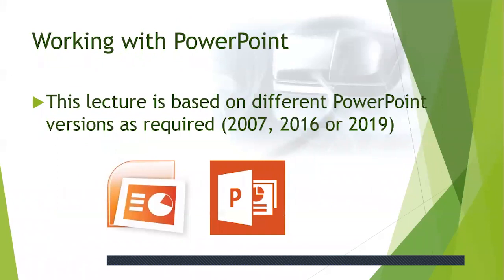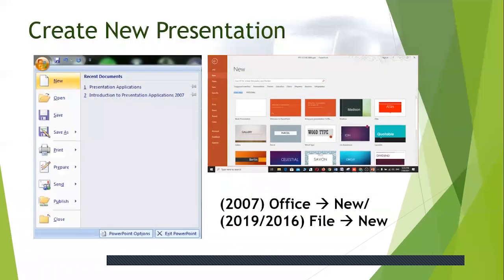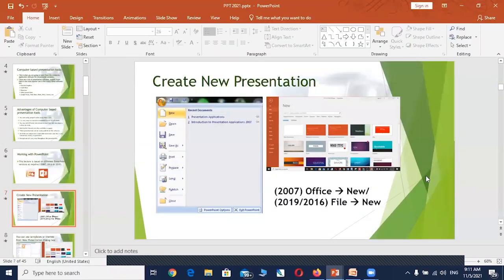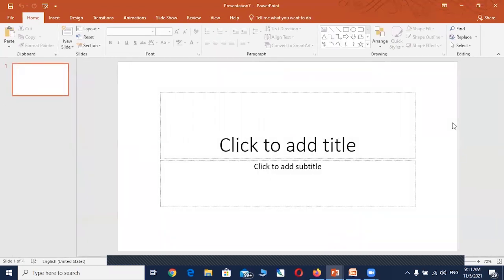Right, next we can go to PowerPoint. I will explain the features using 2019, which is a new version, and I will also show you some differences with the 2007 version. Before we start, this is the interface.